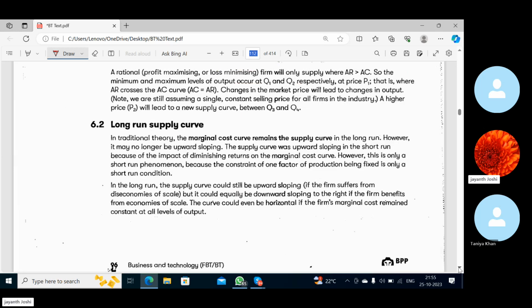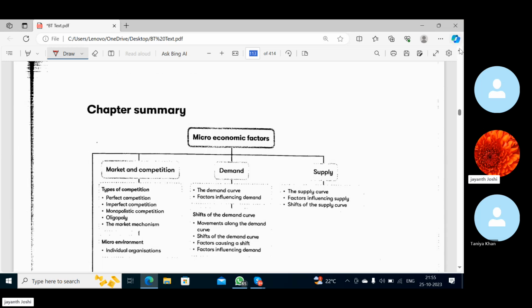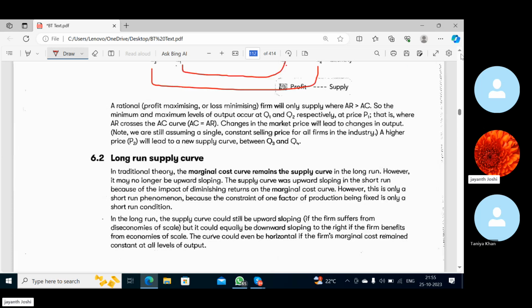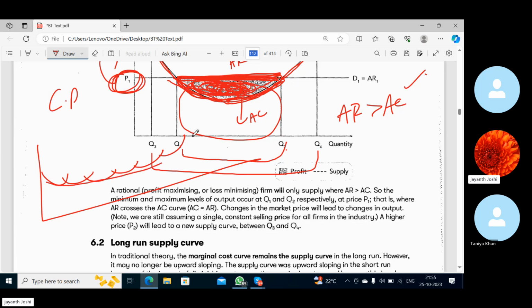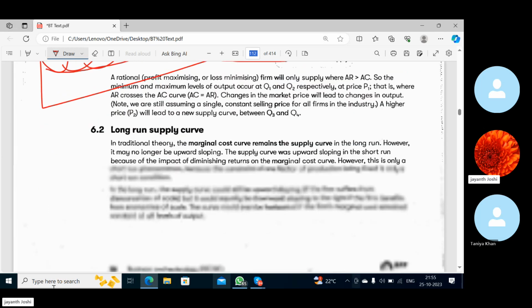But beyond that, you are having high cost because of diseconomies of scale, and all these short run curves will lead to long run. See, this is a short term diagram, right? So long run will be in this way only. This way, one curve, again one curve, again one curve. So all this, if you club it, is the long run curve, right?